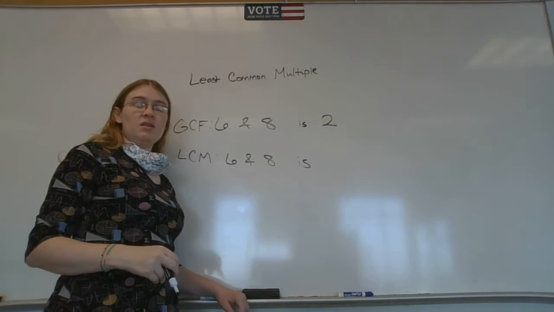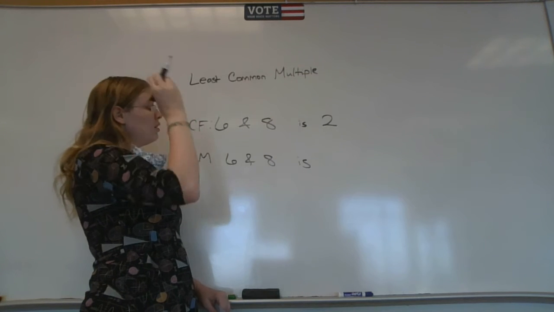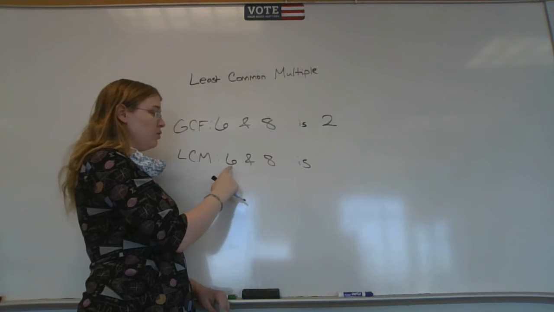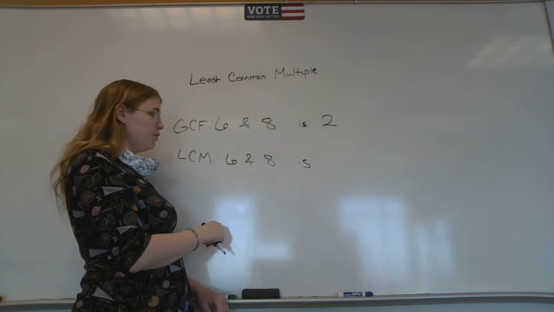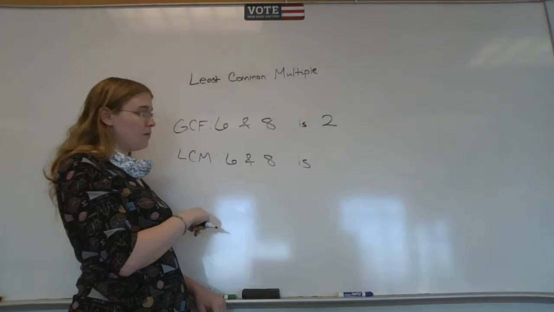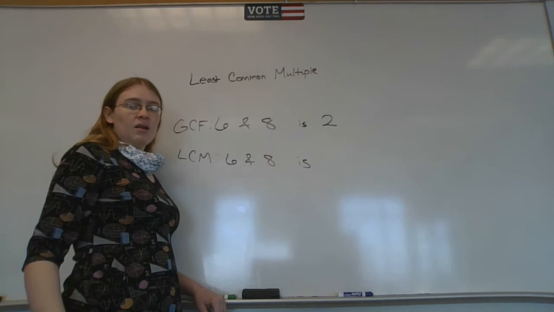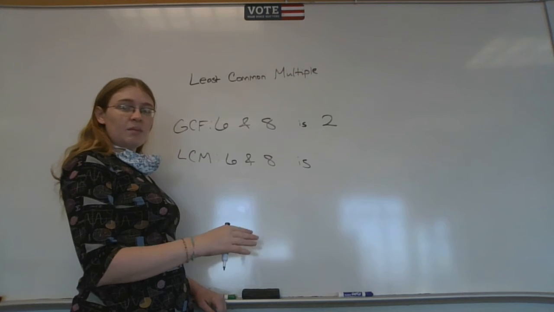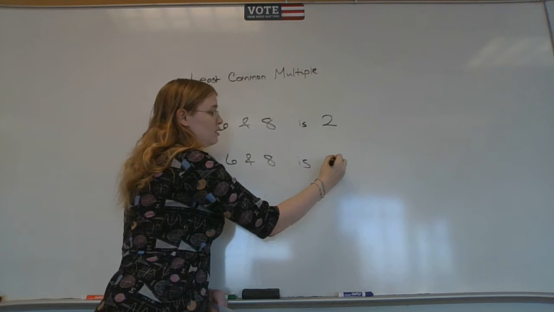So it has to be equal to or bigger than 8. So now we're talking about bigger numbers. So, 6 goes into 12, but 8 doesn't go evenly into 12. 8 goes into 16, but 6 doesn't go evenly into 16. 6 goes into 18, but 8 doesn't go evenly into 18. And so the smallest number that 6 and 8 both go into is 24.